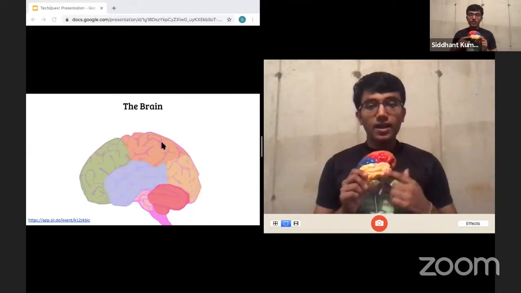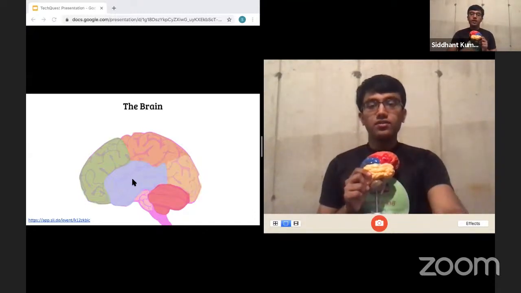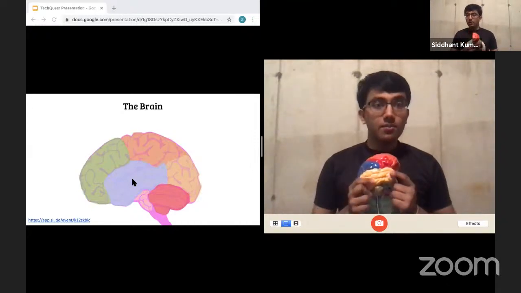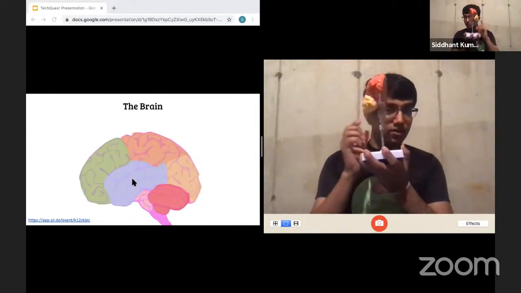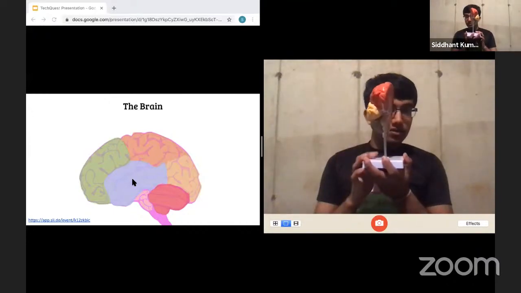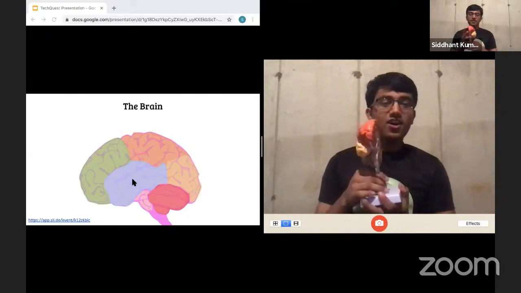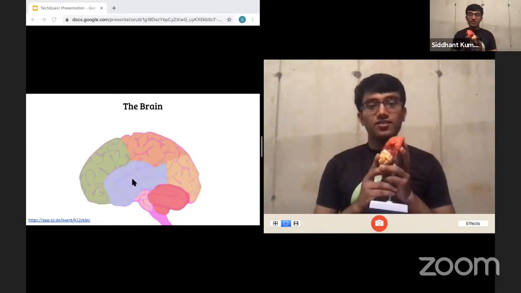Below that, right here in the blue region on the diagram, we have the temporal lobe. The temporal lobe is right next to our ears. What do you think the temporal lobe would control based on where it's located? Good job. Yes, awesome. The temporal lobe allows us to hear things.